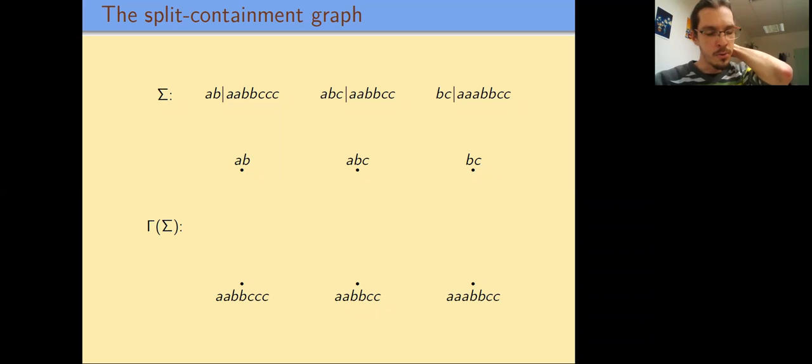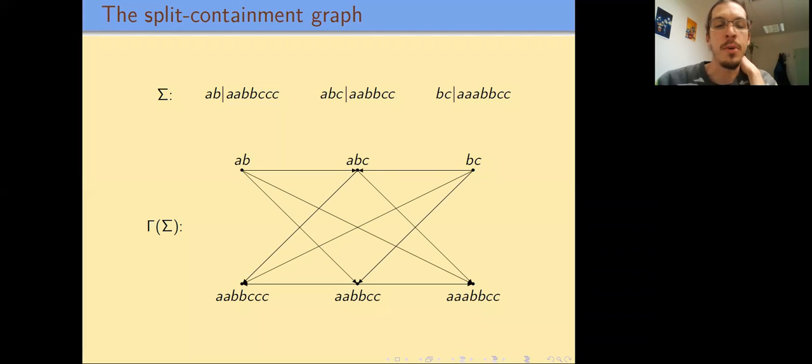And then you add a directed arc from one set to another if the first set is contained in the second one. So for example, this is the graph. You can see that AB is contained in BC, BC is contained in ABC, and so on. We don't care about vertical edges.